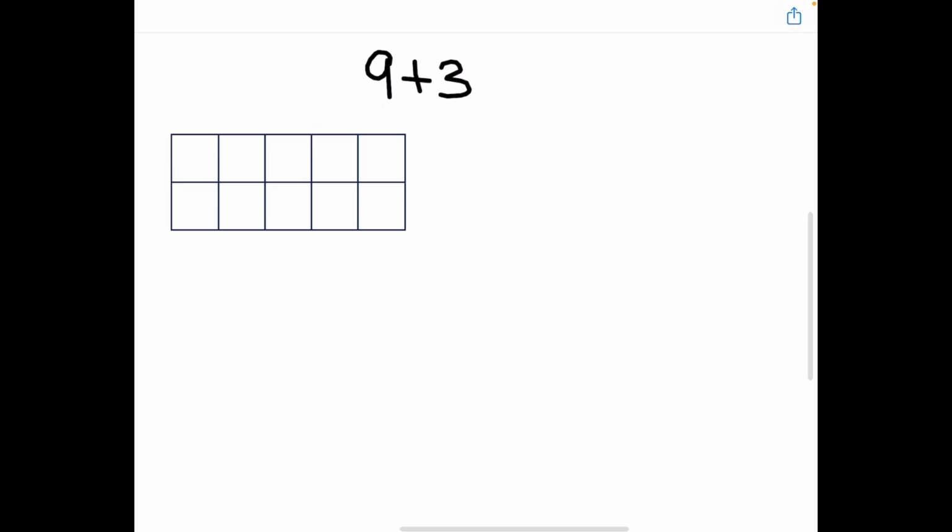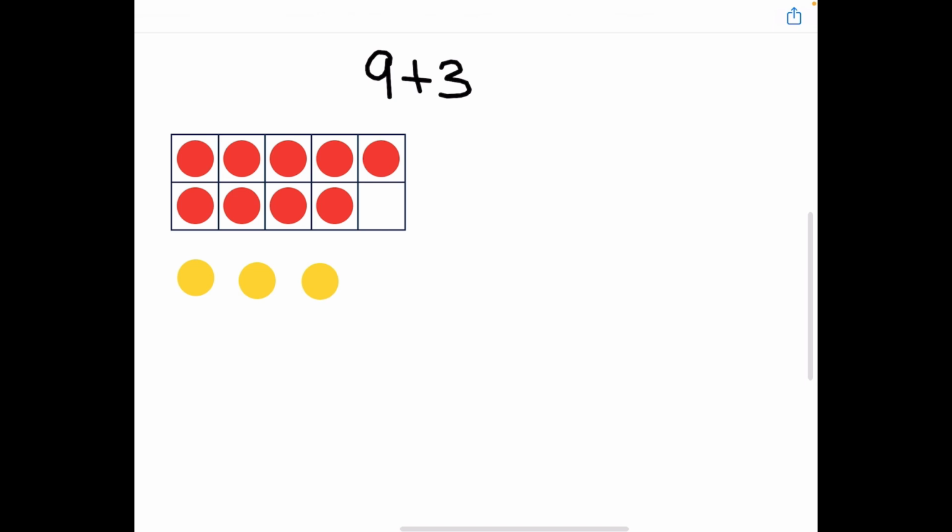So for 9 plus 3, I'm going to first model out 9. And then I'm going to model out my 3 right below. Now the first thing I need to ask myself is, I currently have 9 in my 10 frame.